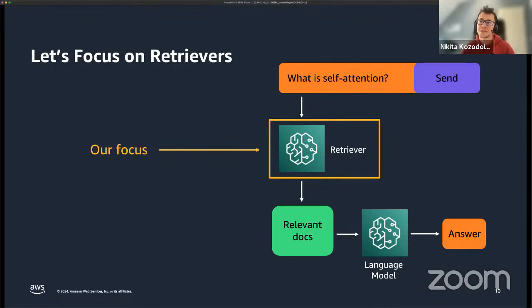You can just immediately produce the answer. If you don't see the good notes, if you are very smart, so if you're a very big model trained on a lot of data, maybe you will be able to come up with reasonable answers, but not in all cases, right? So this is how you can think about it. And this is why improving the retriever is key to improving how those RAG chatbots work.